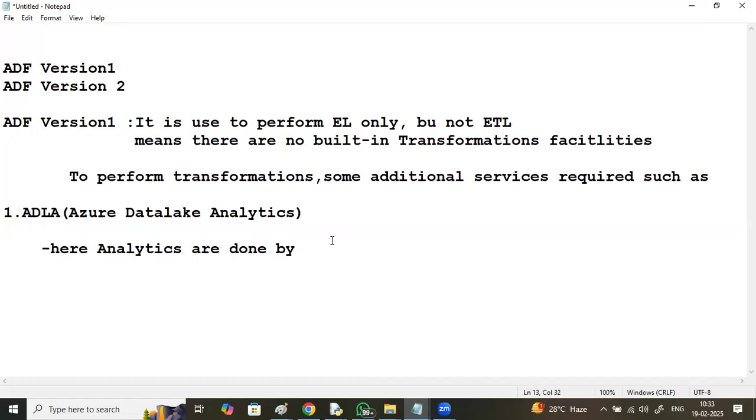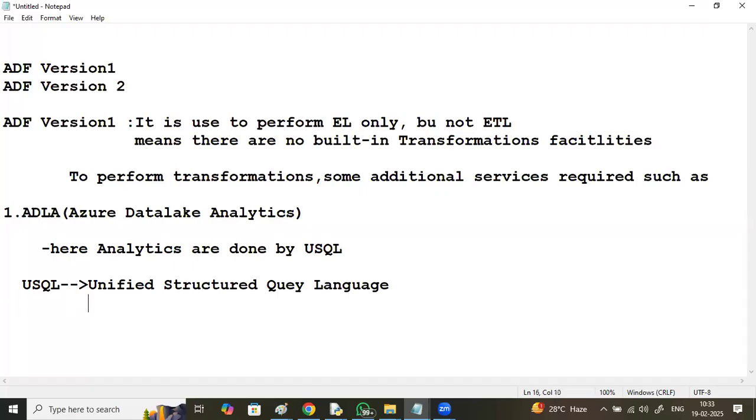In version 1 you need to have a lot of other things, but version 2, anyone can use. Here analytics are done by USQL. What is this USQL? Unified Structured Query Language.